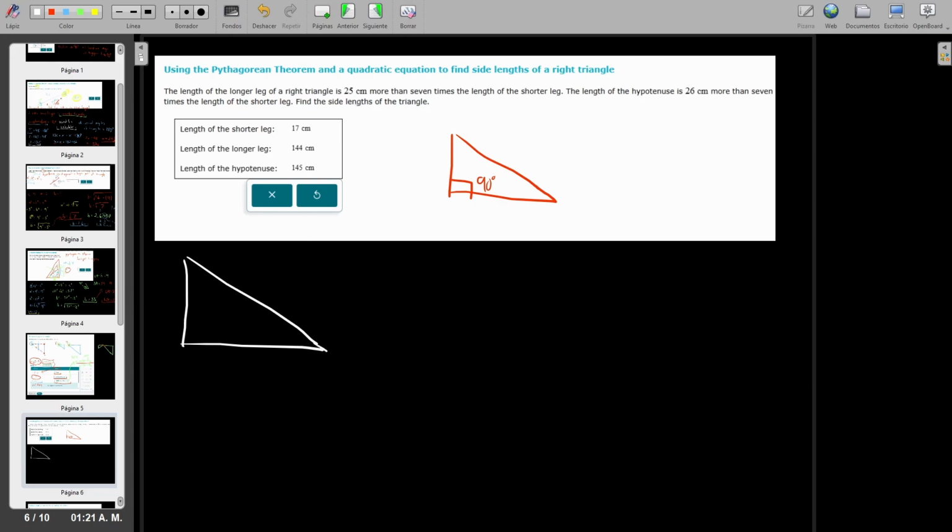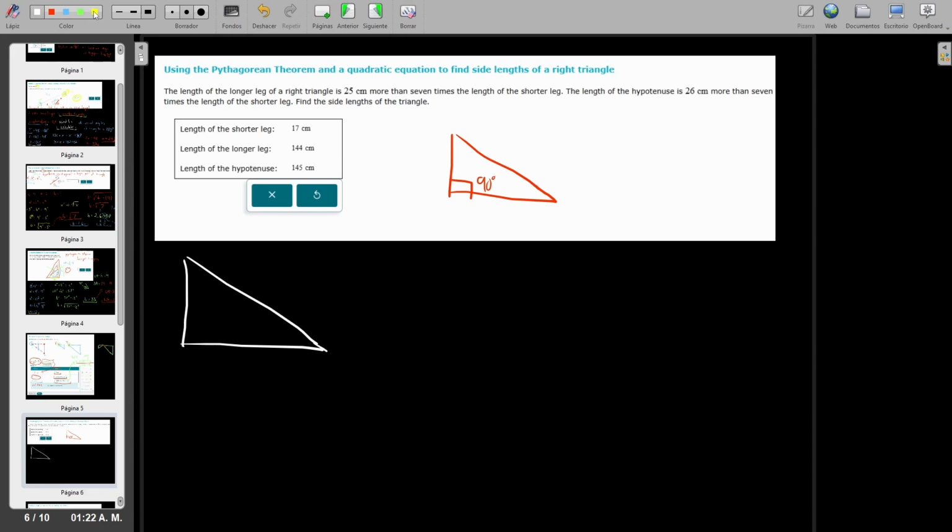The problem says that the longer leg of a right triangle is 25 centimeters more than 7 times the length of the shorter leg. Okay, and the length of the hypotenuse is going to be 26 centimeters more than 7 times the length of the shorter leg. We need to find the side lengths of the triangle.